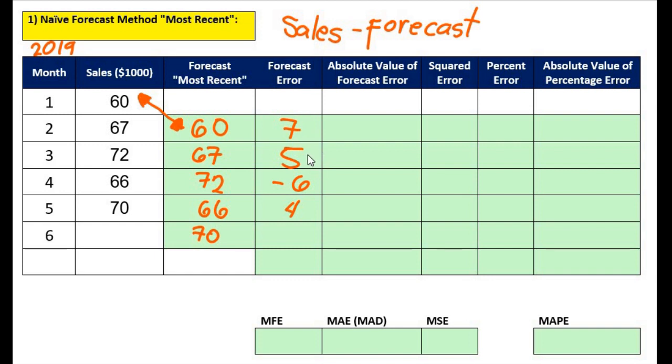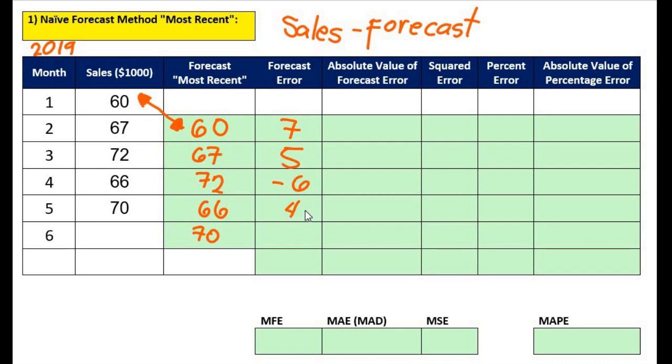If you observe the computed forecast error, your answers could be either a positive or a negative value. MFE stands for mean forecast error, or the average of this forecast error.